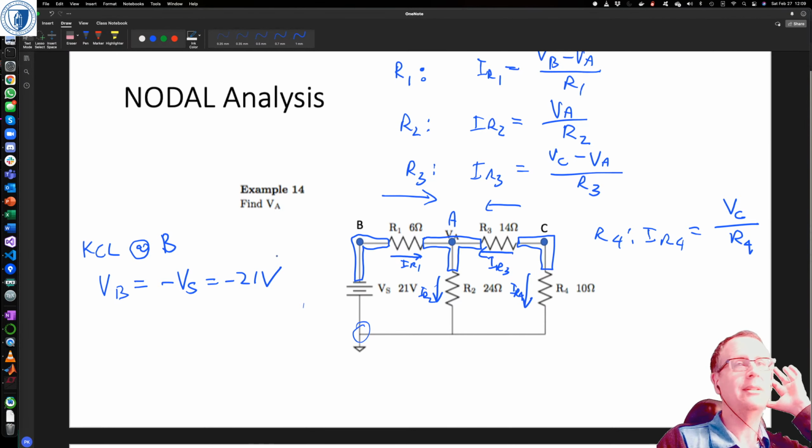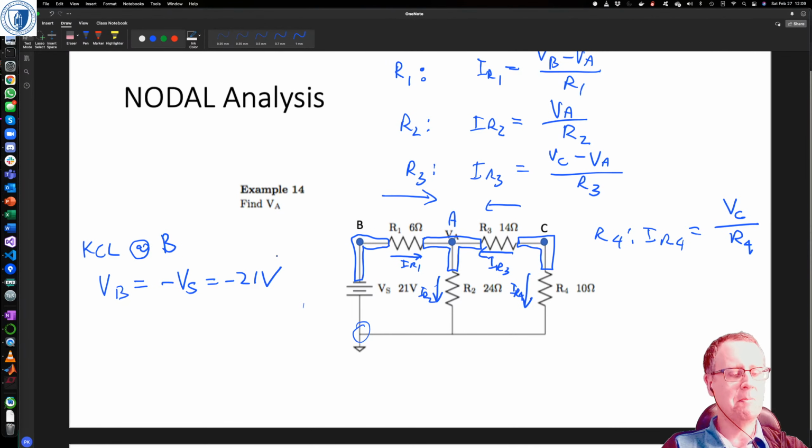It's a freebie. There's an analogous supernode issue, which I'll talk about later, where if the voltage source is connected between two nodes other than the reference node, then you've got a similar problem.